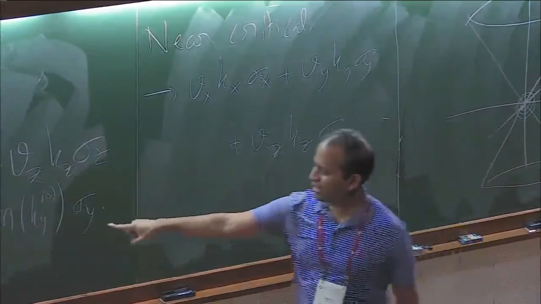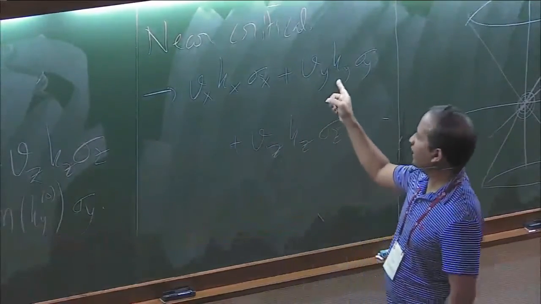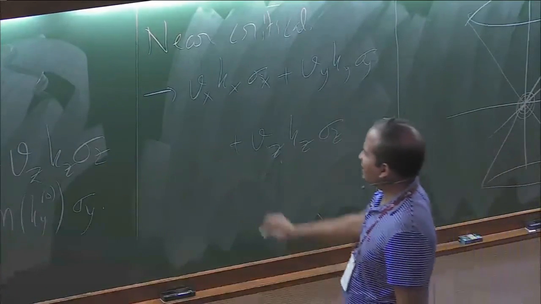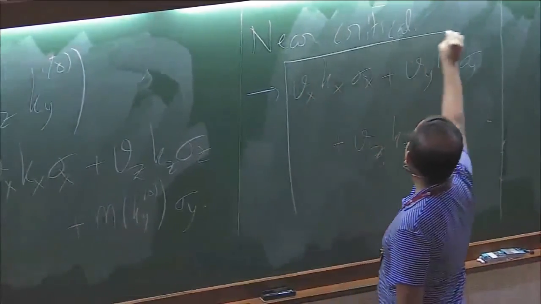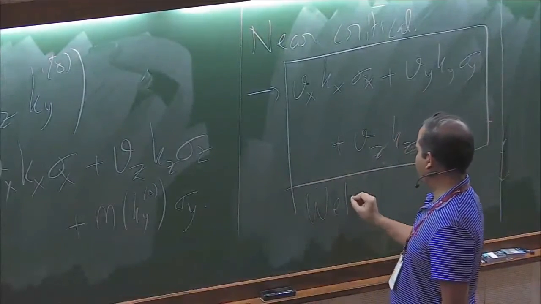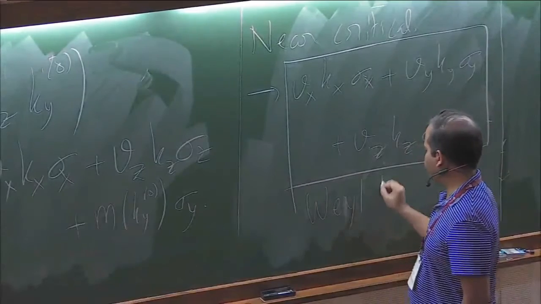So I just took this mass and linearized it in ky. And this is exactly what high energy people have called a Weyl Hamiltonian.